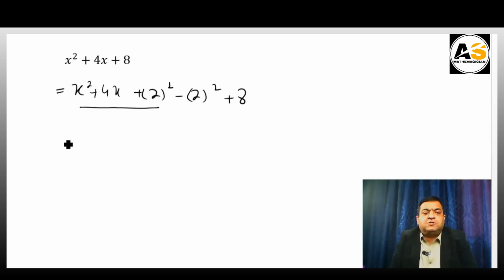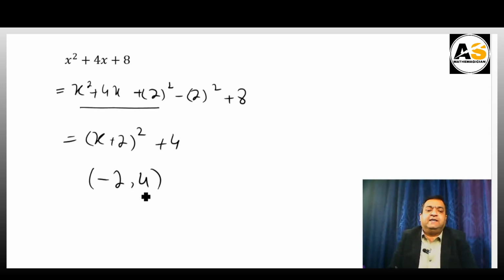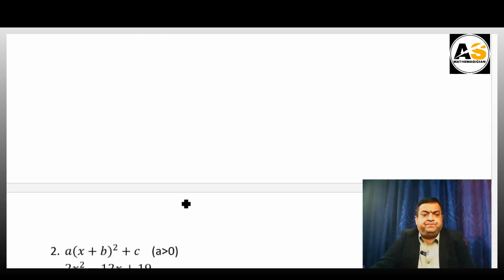This is x plus 2 whole square now, and minus 4 plus 8 is 4. So its vertex is at minus 2, 4. And since coefficient of x square is positive, this 4 is its minimum value. This was case 1 when a was positive and was equal to 1.